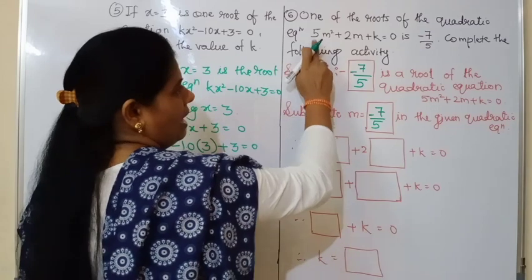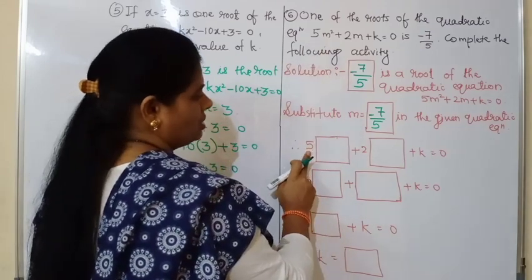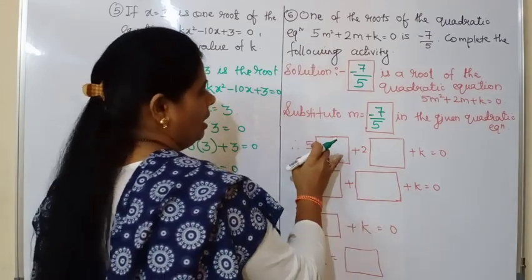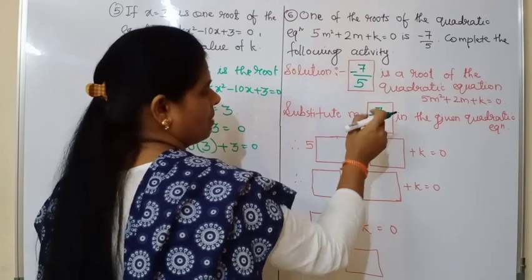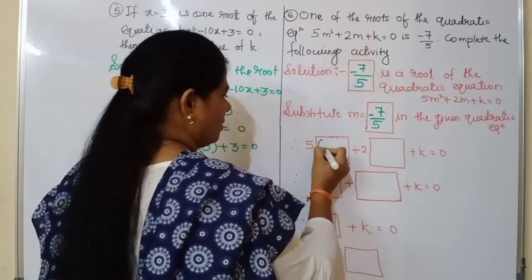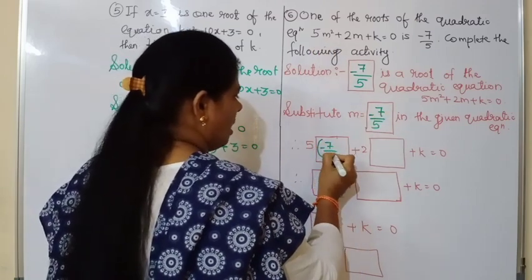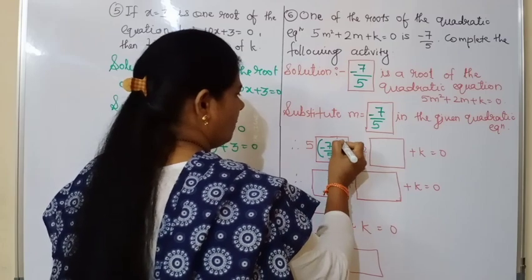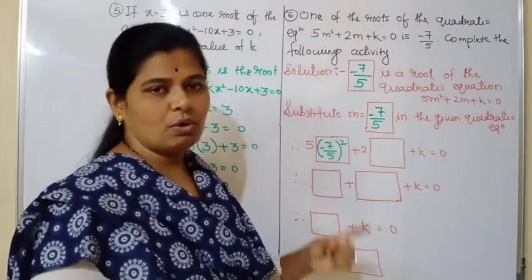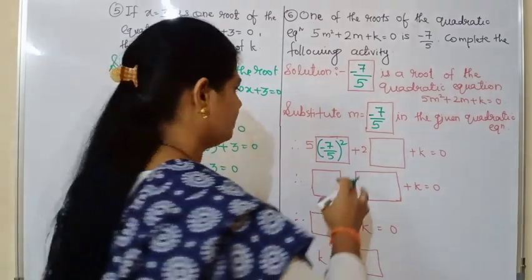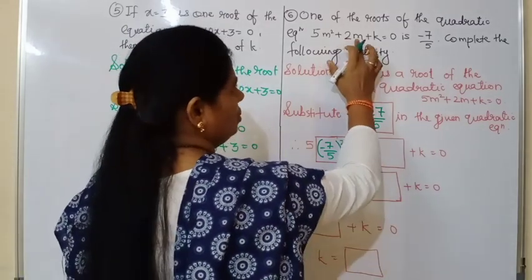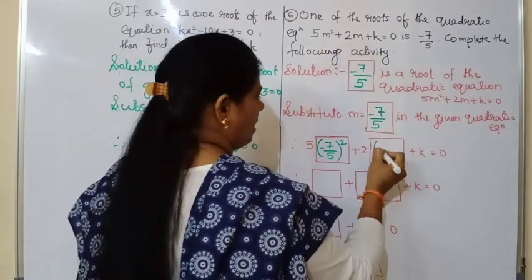Now here it is 5, as I have written 5 as it is given in the activity. Now the value of m is minus 7 upon 5. So minus 7 upon 5, and we have to square it because it is 5m square. Plus 2. Now what is the value of m again?